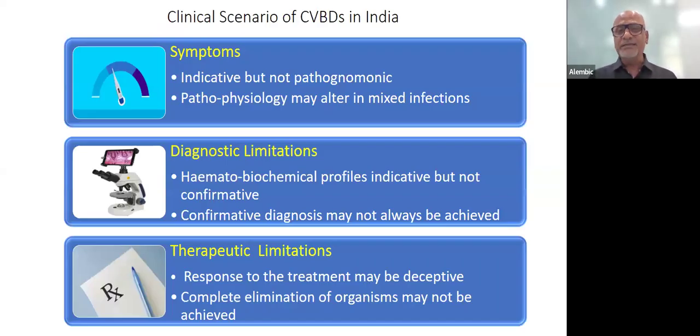So, what is the clinical picture in CVBD? Rather than me telling you, I think this is the situation you are facing in your day-to-day life, that symptoms are suggestive but not pathognomonic. Pathophysiology, well, now we know that there is a possibility of multiple organ infections, so pathophysiology may get altered.